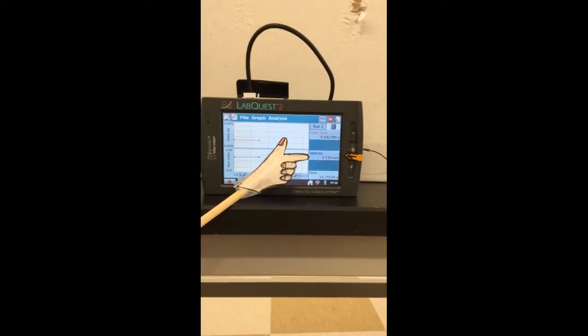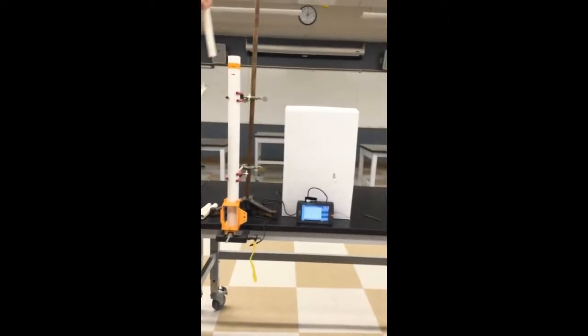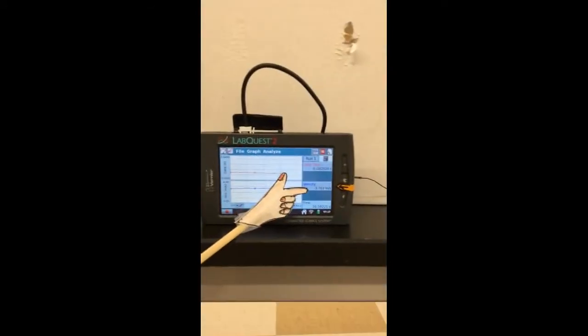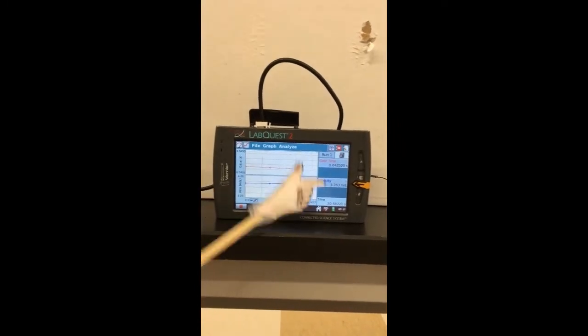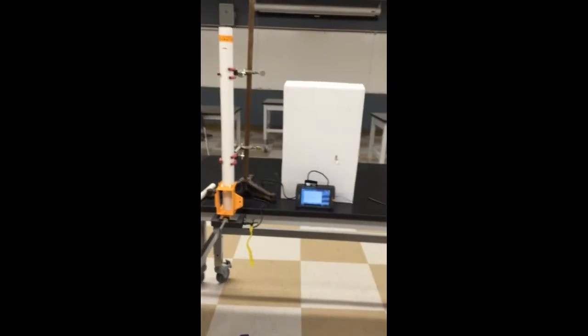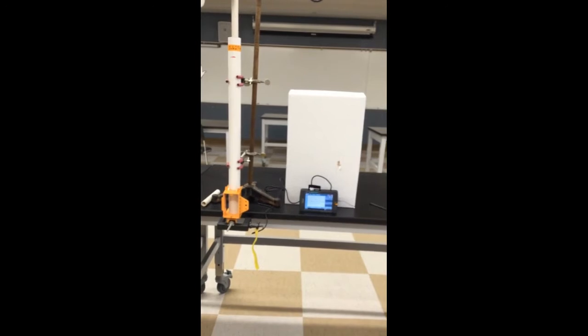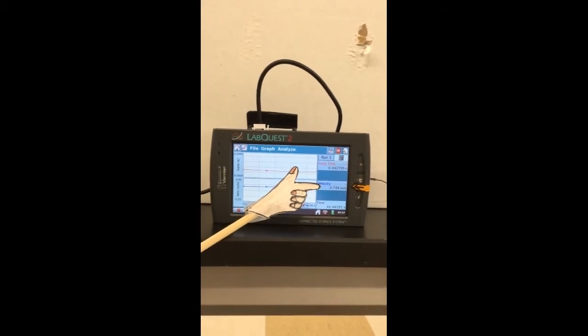The velocity is 3.739. Run 3. The velocity is 3.763. And run 4. Velocity is 3.739.